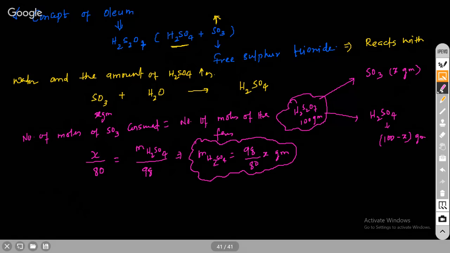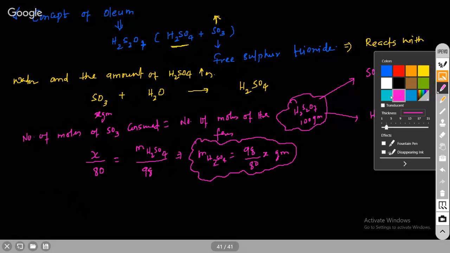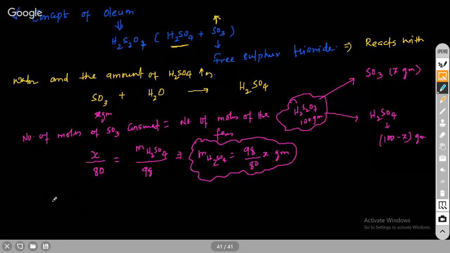Right? Now, since we have to find out the total mass of H2SO4, the total mass of H2SO4 is equal to, initially we have 100 minus x percent, and we also get 98 by 80 x mass of H2SO4 from this reaction when we dissolve this into water.